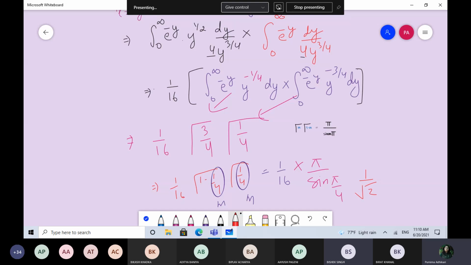Yes, exactly. This √2 you can take in the numerator, or you can simplify it as it is. So is the concept clear?